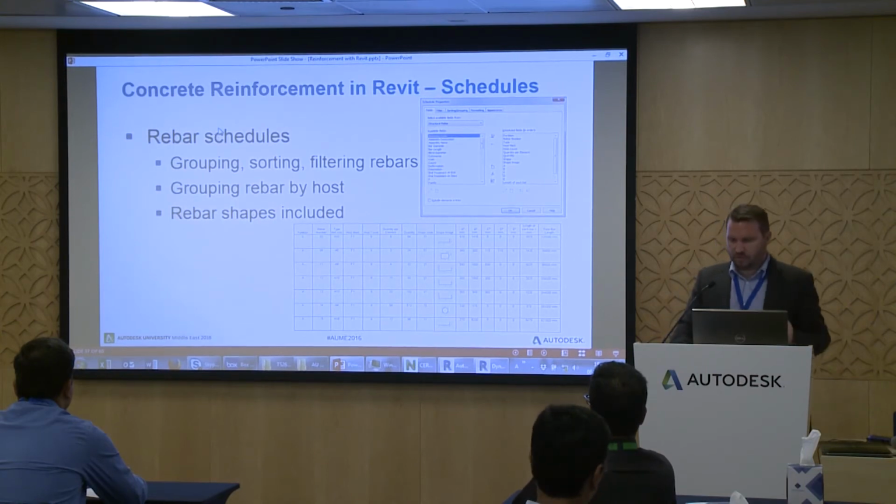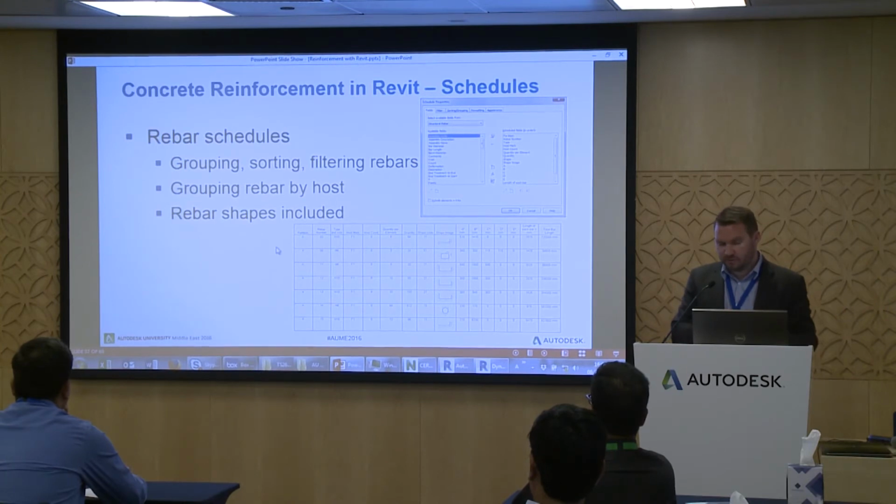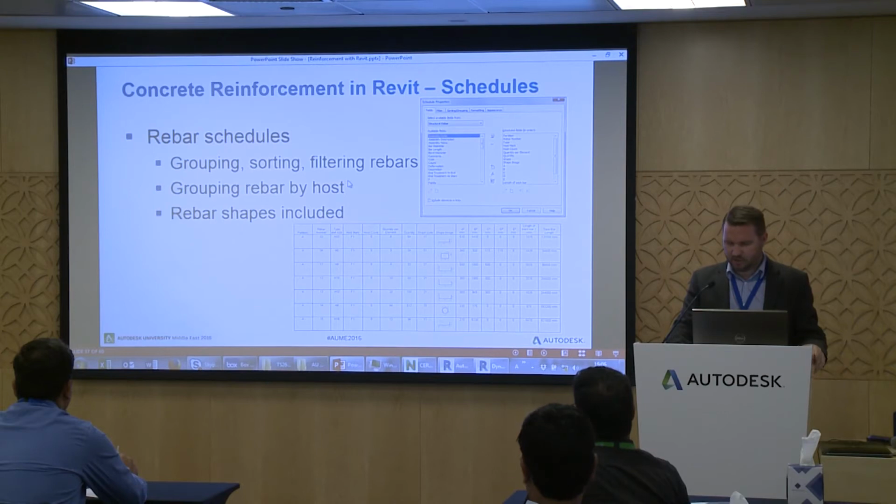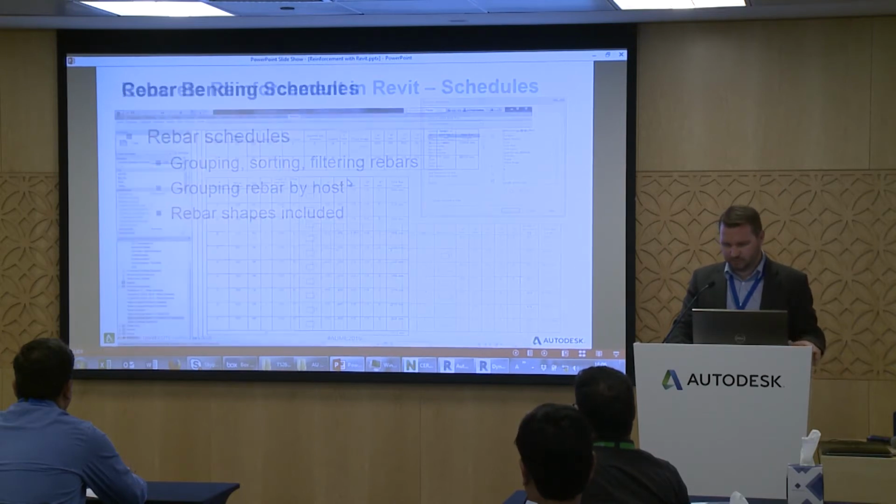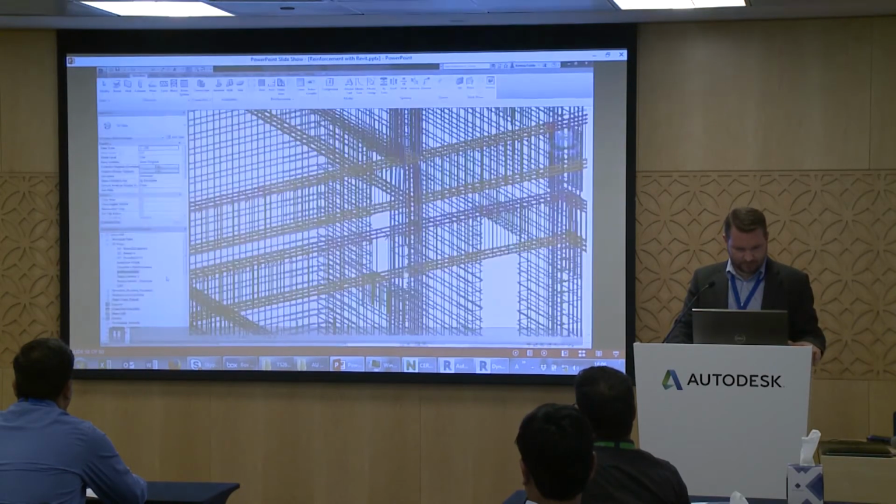So after, you have to create a schedule. You will do grouping, sorting, filtering, like a classic schedule. Grouping rebar by host, beam 1, beam 2, etc. And you will have the shape picture included, if you have put it, of course. What I show you is pure Revit, no extension. At first it was an Autodesk extension, but no add-ons, okay.